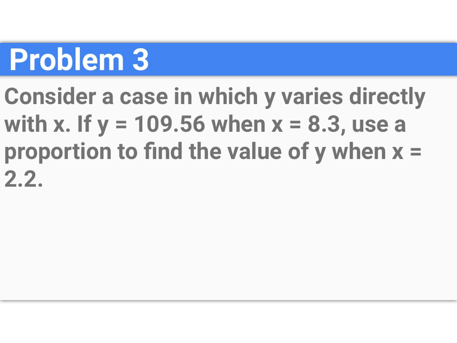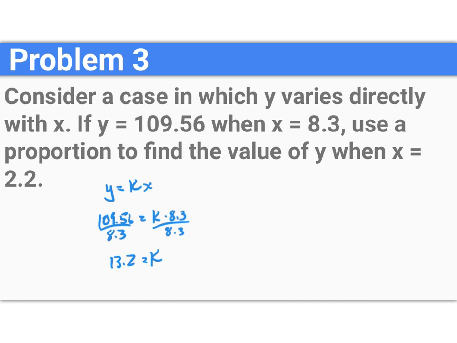And then consider an equation where y varies directly as x. All right, so we're going to find k first. Y equals kx. We're going to substitute in 109.56 equals k times 8.3. Divide both sides by 8.3. 109.56 divided by 8.3 equals 13.2.